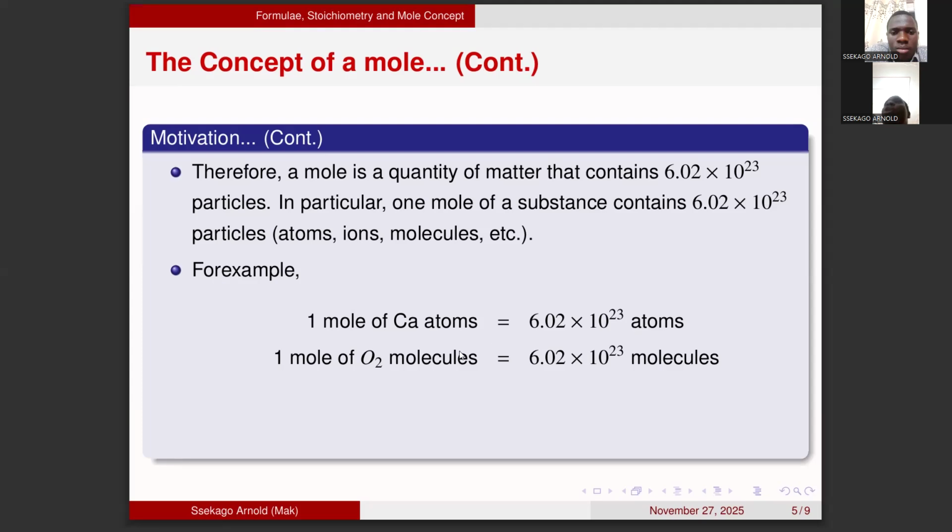Similarly, 1 mole of oxygen molecules is equal to 6.02 times 10 power 23 molecules. Similarly, 1 mole of hydrogen ions is equal to 6.02 times 10 power 23 ions. So that is the concept of a mole.